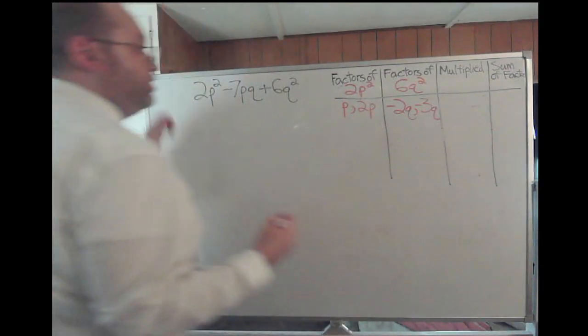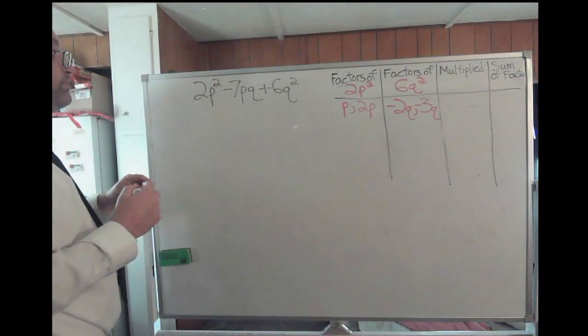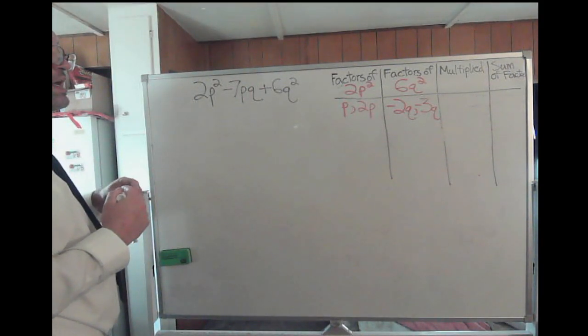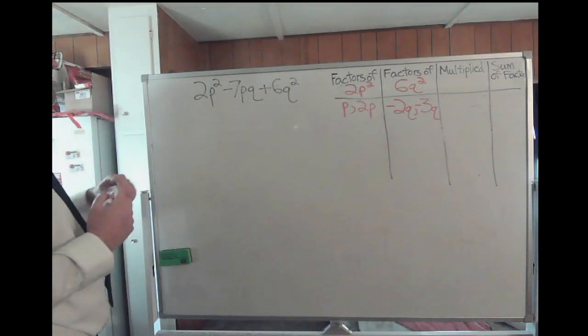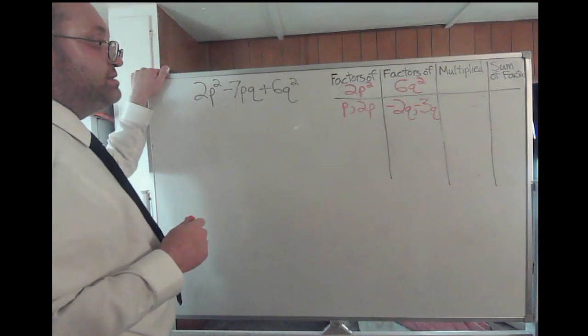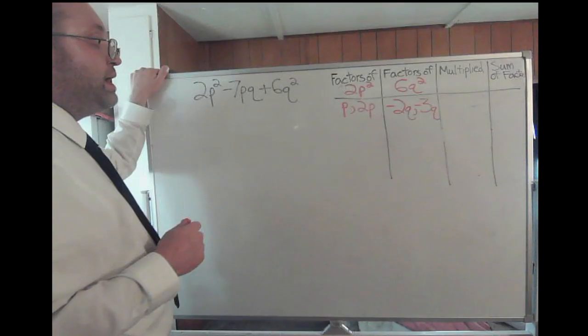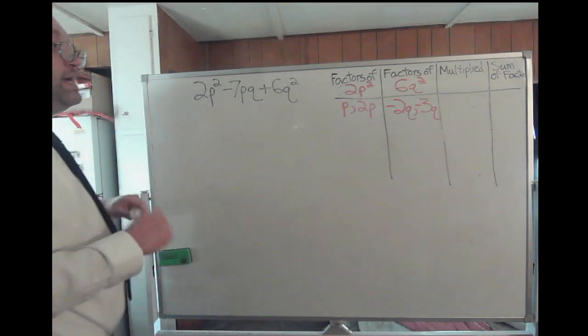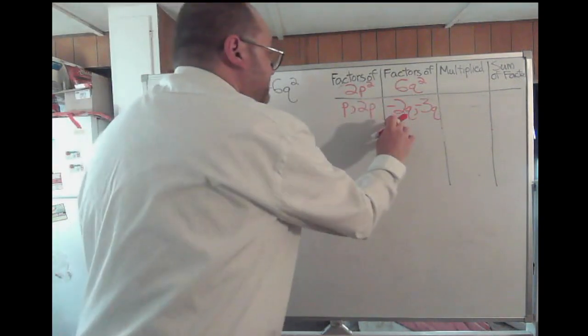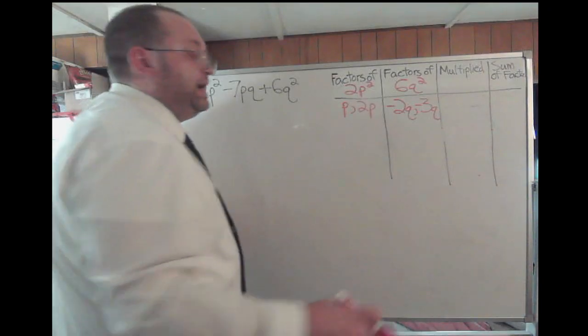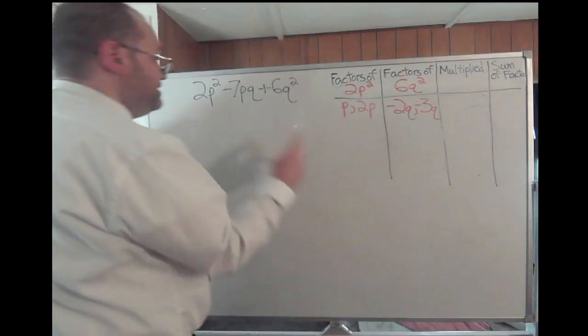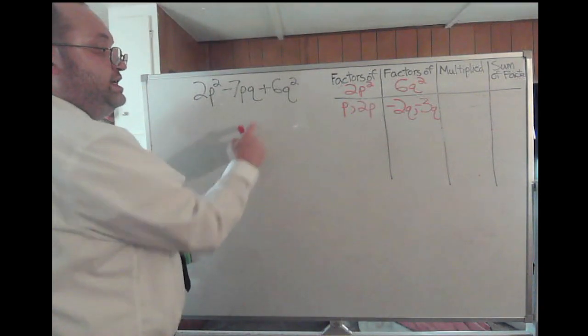That'll certainly work. That's one possibility. Alright. Now I need to be able to multiply these in such a way that when I add the results together, I'll get the middle term of negative 7pq.